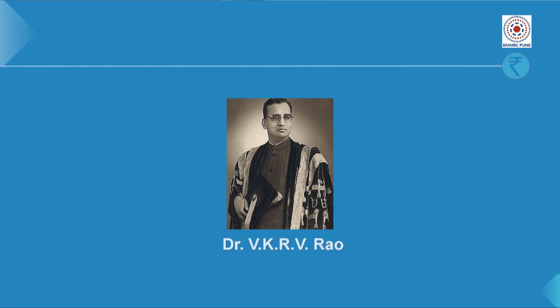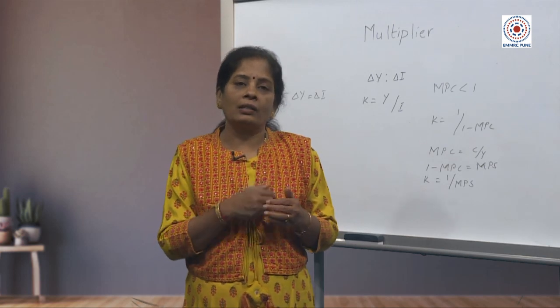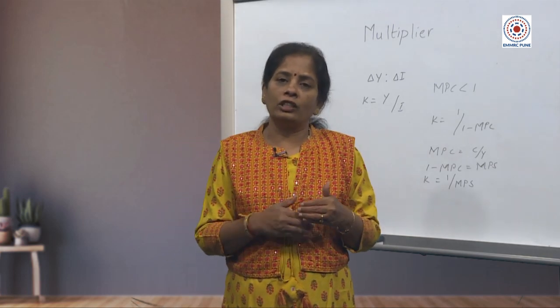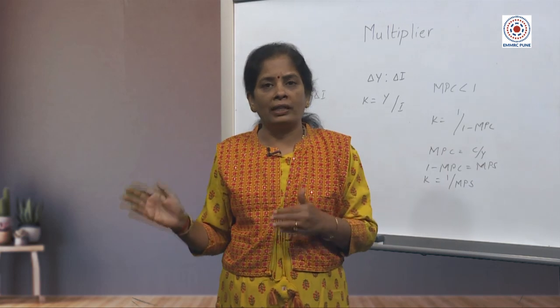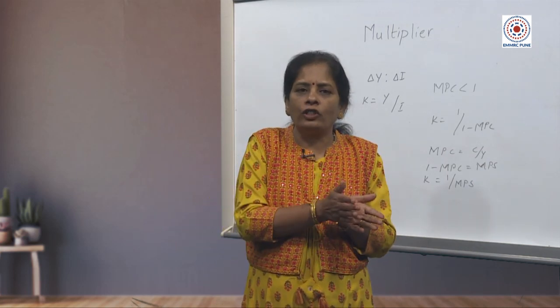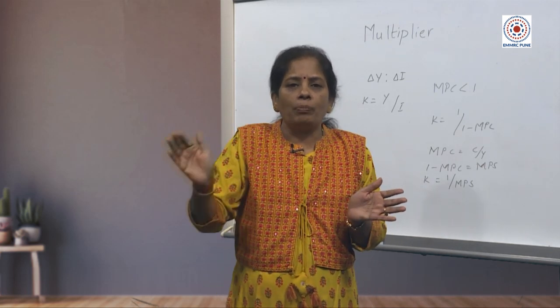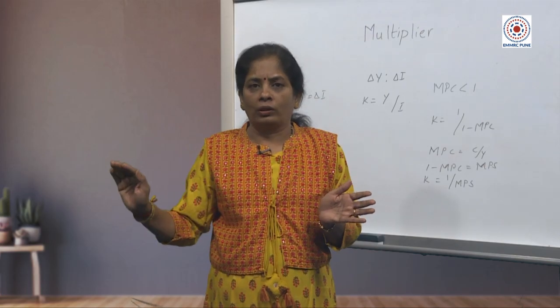Dr. V.K.R.V. Rao examined the applicability of the Keynesian theory of multiplier in the case of India in the early 1950s. He pointed out that the assumptions of the multiplier do not hold true for less developed countries. He further pointed out that under the conditions prevalent in less developed countries, the concept of multiplier does not work.